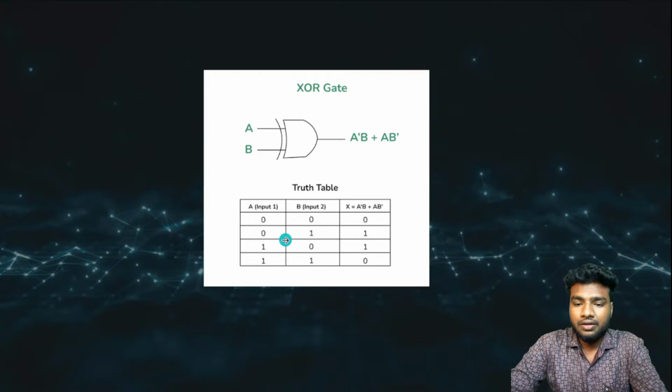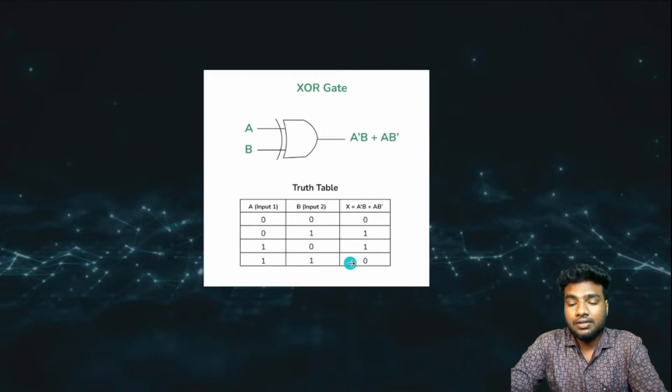Then if I take selection line A equal to 1, I will get output as B bar. Here B equals 0 and my output is 1, so it is the complement of B. And here B equal to 1, output is 0, so the complement of B.